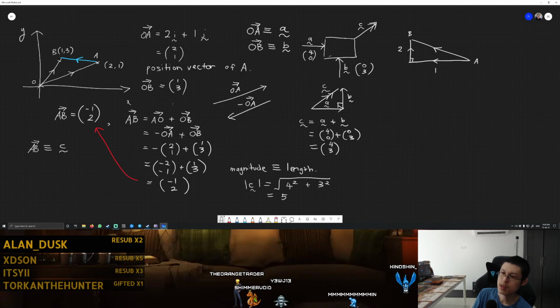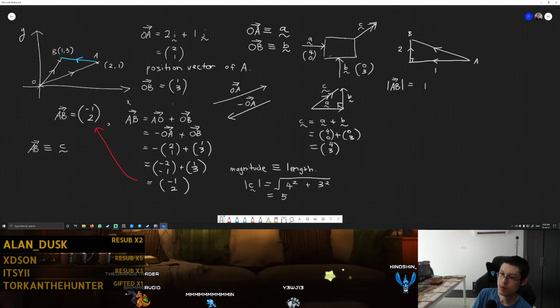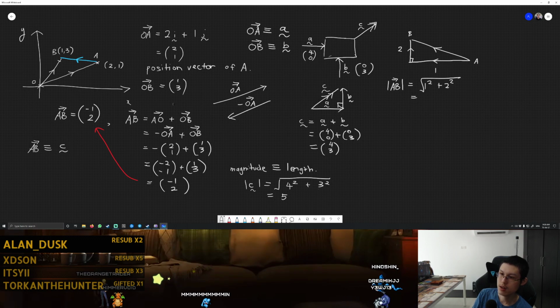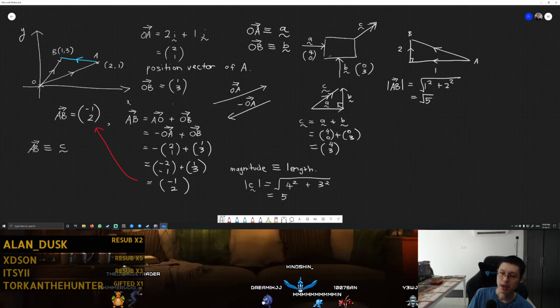So again, you can see this is a right-angled triangle. So the magnitude of AB is just 1 squared plus 2 squared, and you take the square root of that. So that would be the square root of 5. There you go. That's how you find the magnitude of a vector.